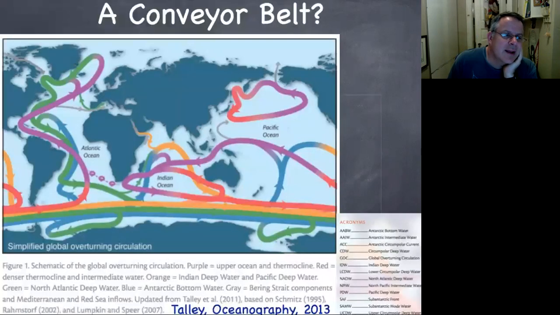If we think of it in this kind of combined way, we can still draw these currents. Notice that most of them are over on the west. In the Atlantic, here we have the Gulf Stream coming up this way and then sinking in the Labrador and Norwegian Seas and coming back this way. Here's the Antarctic bottom water coming out even deeper.